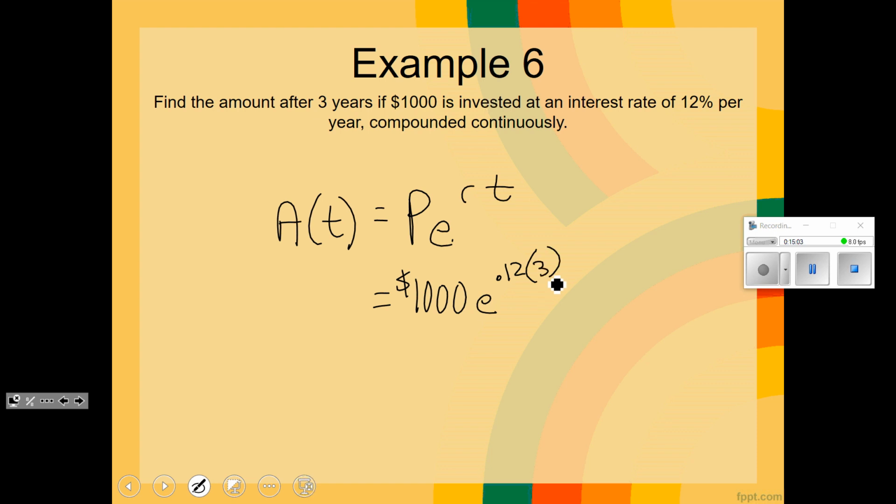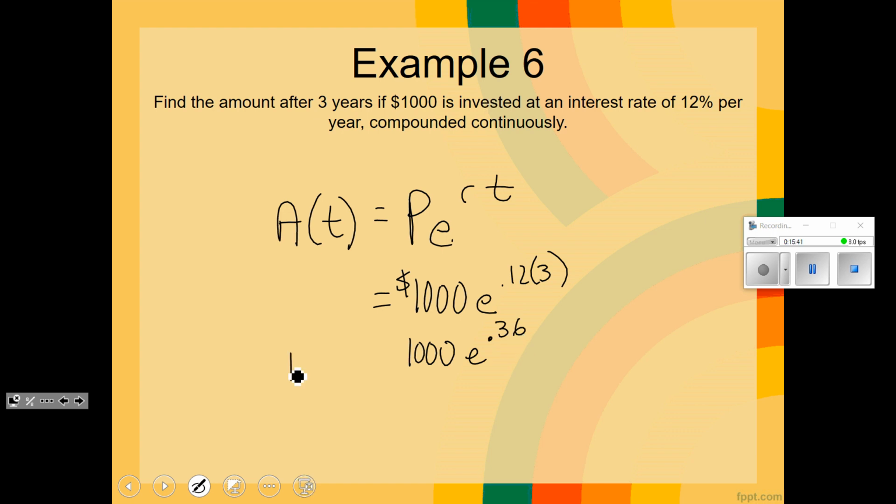My helpful hint to get this right is, because sometimes when people do e raised to the 0.12, the 3 doesn't go with the exponent, depending on how you type it in. If you're going to type it in, you better put parentheses around all of that. Does that make sense? But if I could give you a helpful thought, I would go ahead and multiply 0.12 times 3. So I would make this 1,000 times e raised to the what? 0.36. And that's what I would do.